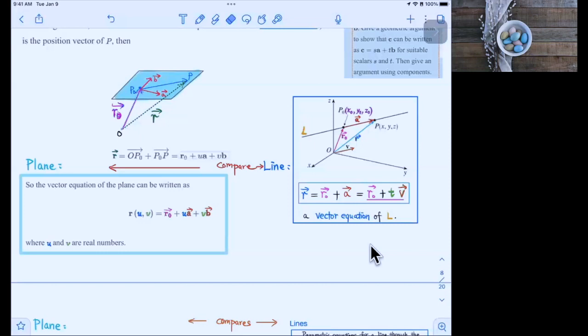Now, when we get to the plane, R naught here is the position vector for that point on the plane. But this time we have two parameters instead of just one. So you have U and V. And the plane is determined by two non-parallel vectors, A and B. So this is for the line, and this is for the plane.